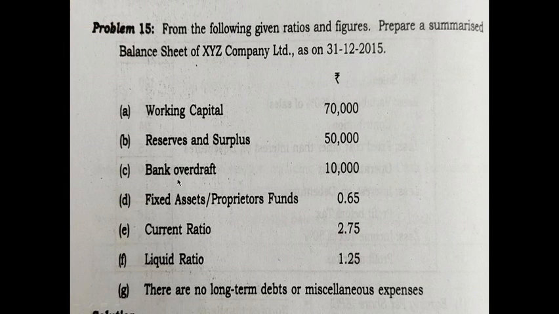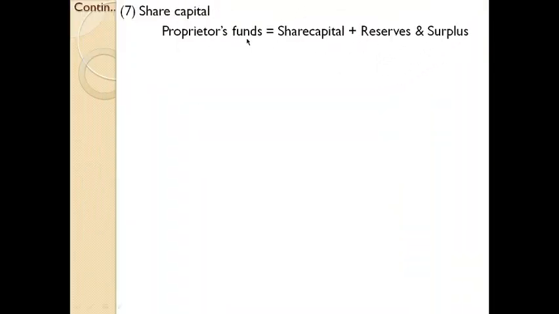Next, we are going to find the amount of share capital. Why are we going to find the amount of share capital? Because previously we found proprietor's fund is 2 lakhs, and in the question it is given that reserves and surplus is rupees 50,000. So, the proprietor's fund equation we all know: share capital plus reserves and surplus gives you proprietor's fund.